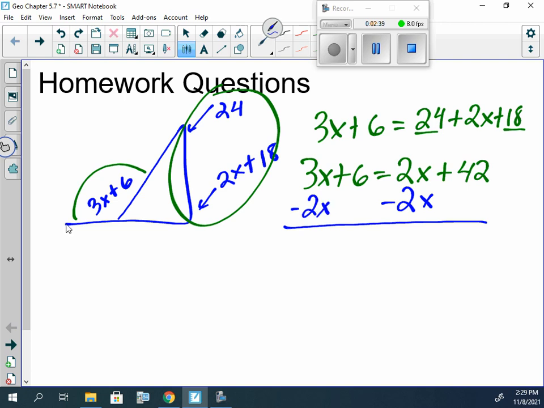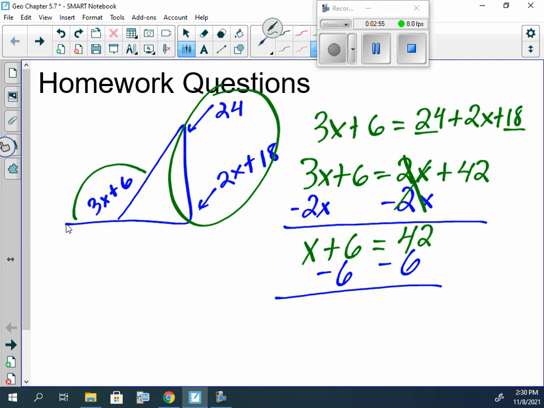Guys, I do not want to be talking over you. 3x minus 2x would be x plus 6 is equal to 2x minus 2x would cancel, giving us 42. Then we can subtract 6 from both sides, telling us x is equal to 36.